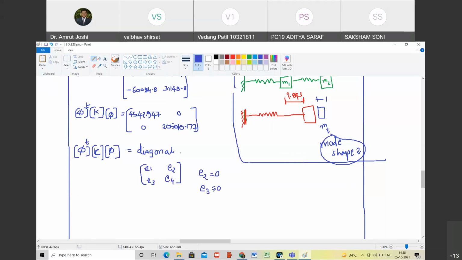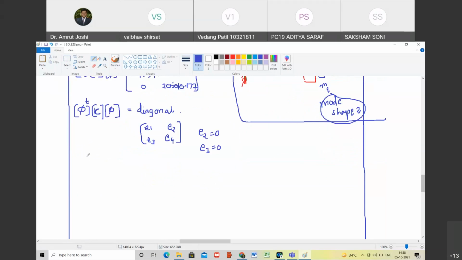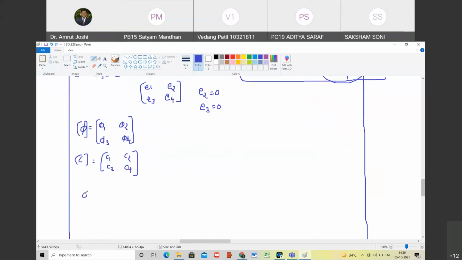Okay. So if the phi matrix is represented by phi 1, phi 2, phi 3 and phi 4, and the C matrix is represented by C1, C2, C3, C4, can we calculate phi transpose C?